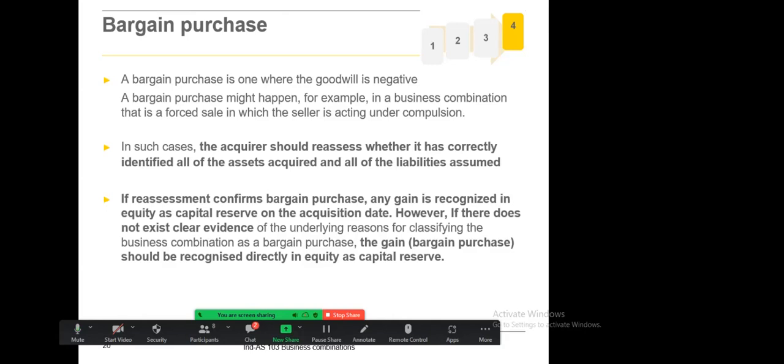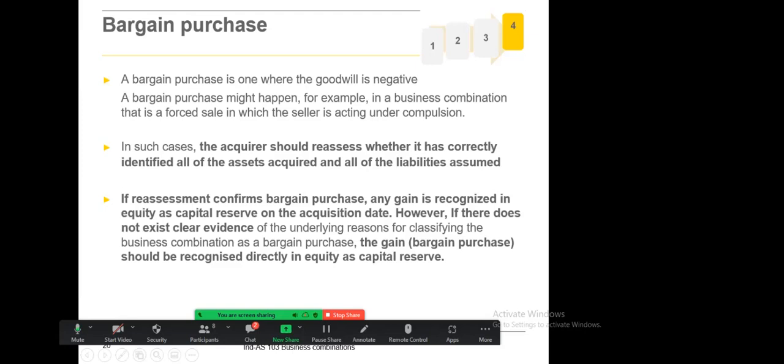That means your bargain purchase gain will come when you have paid less and received more. Then the balance will go to your bargain purchase gain. But when you have paid more and received less, then goodwill will come into the picture.